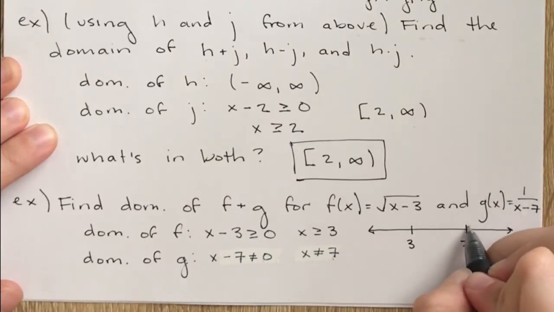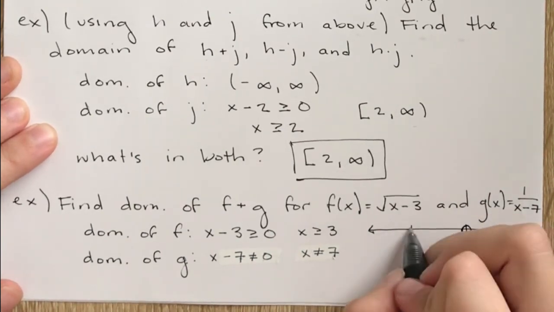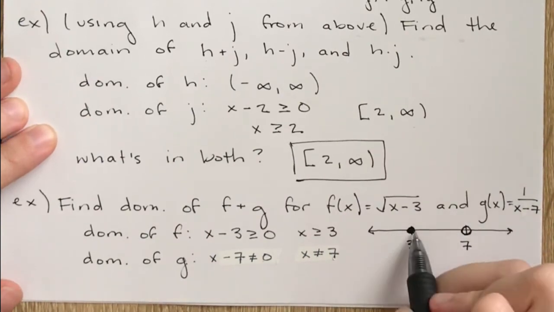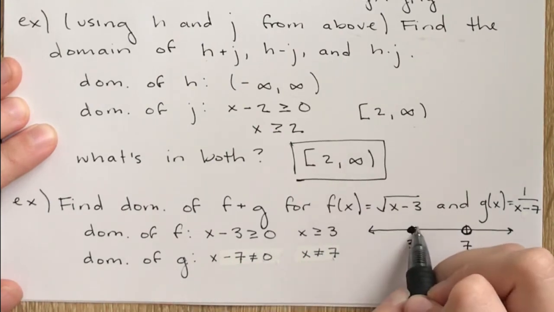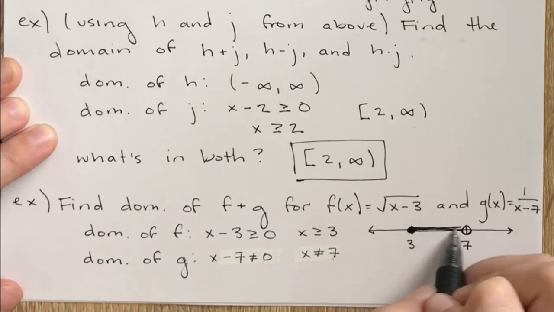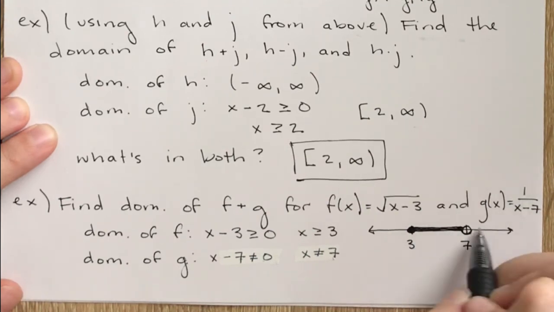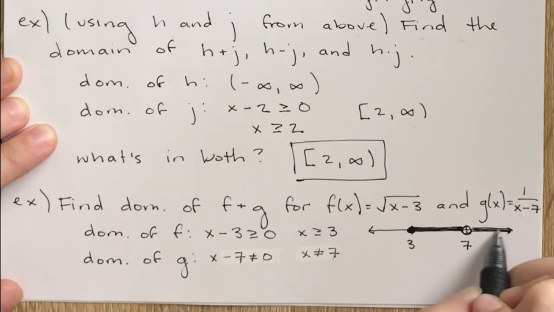We don't want to be equal to 7, so we're going to give that an open point. And we do want to be greater than or equal to 3. So we're including 3 and everything larger than 3. But we don't want to include 7 because we said we don't want to be equal to 7. So we've got all this in here.